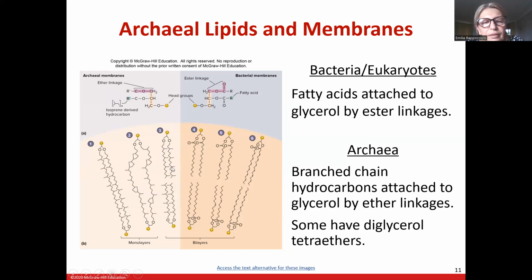Yeah, so this type of adaptation to the membrane, having monolayers, is strongly associated with adaptation to living in extreme conditions, especially very high temperatures. You remember how we said the temperature affects the fluidity of the membrane, and hopanoids in bacterial cells, cholesterol in eukaryotic cells, work with making it harder for the temperature to change the fluidity of the membrane.